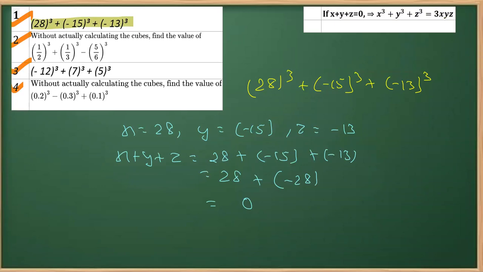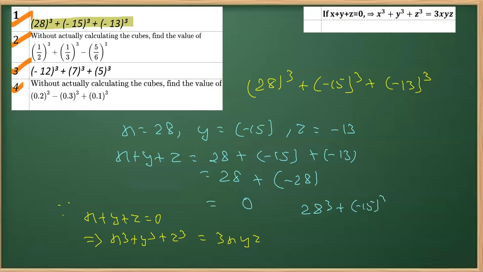Now it's necessary to write down that since x plus y plus z is equal to 0, it implies that x cube plus y cube plus z cube should be equal to 3xyz. This is what we have to write down, and then you will be writing this as 28 cube plus minus 15 cube plus minus 13 cube should be equal to 3 times x into y into z.